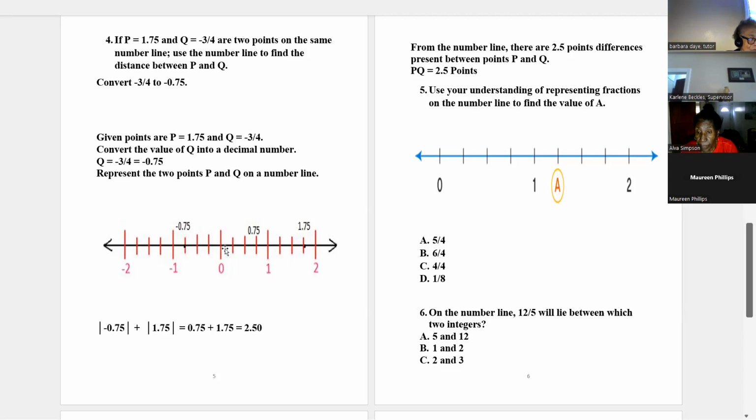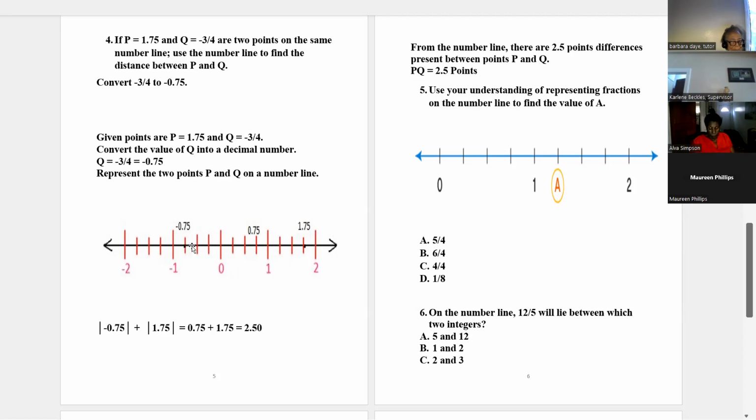There's your minus 0.75, and you're going to the right to this point. Now, how could you count this on the number line and get that same value, 2.5?